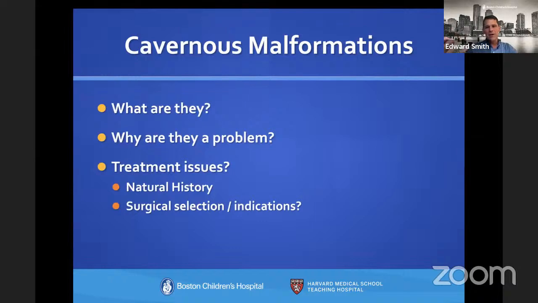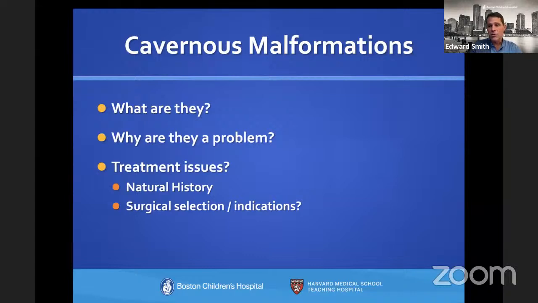I thought I would start with the clinical side of things and then move in a little bit to research, because the area of research is so exciting in this. To start with the clinical side, when people talk about cavernous malformations, even from the patient standpoint, these questions come up: what are they? I think anytime we have any pathology, it's incumbent on us as physicians to say why they're a problem, to define why we treat them.